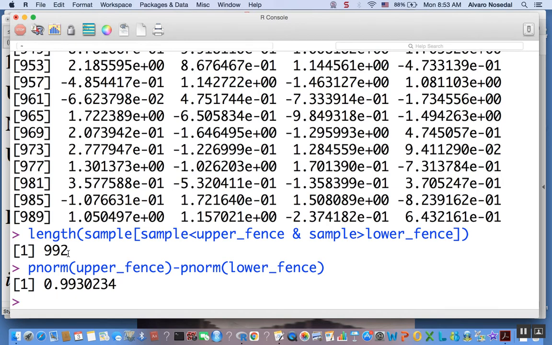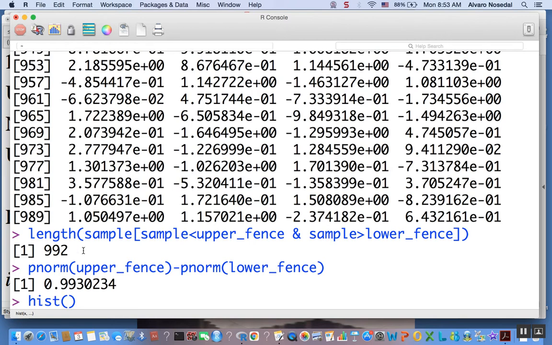We're going to be using just base R, but you now know how to use ggplot2 to create nice histograms, or even base R and make it look nice. But here I just care about the results and the general behavior of a sample coming from a normal. So I'm going to be making very basic graphs here.